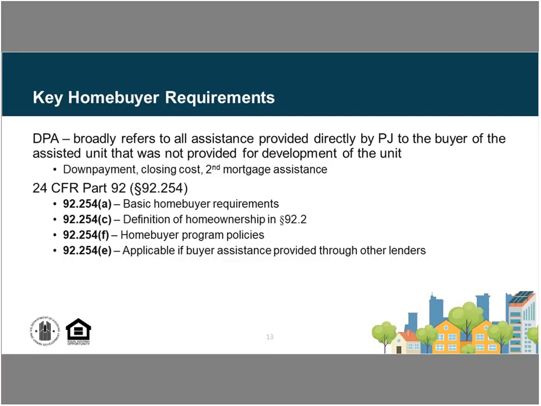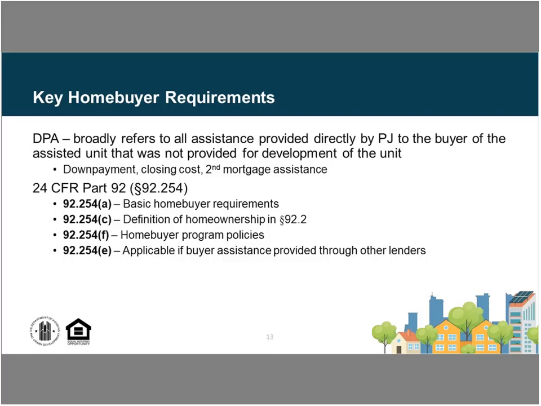The primary section of the rule pertaining to home buyer activities and homeowner activities is 92.254. Most of the basic requirements are covered in 92.254(a). That gets into things like the price value limit, the income limits, counseling requirements, affordability period, resale recapture, all those things that I'll cover in this initial section of the webinar. 92.254(c) refers to the definition of homeownership, but it actually just refers to the definition sitting in 92.2 of the rule. 92.2 of the rule is the definition section.